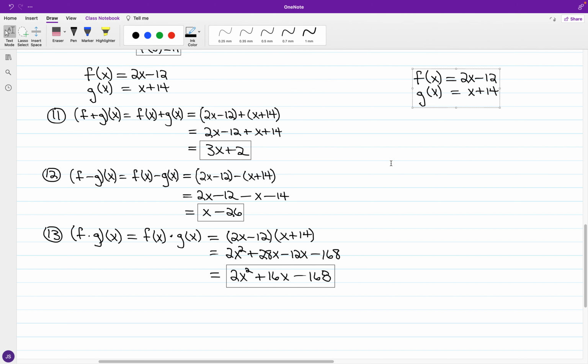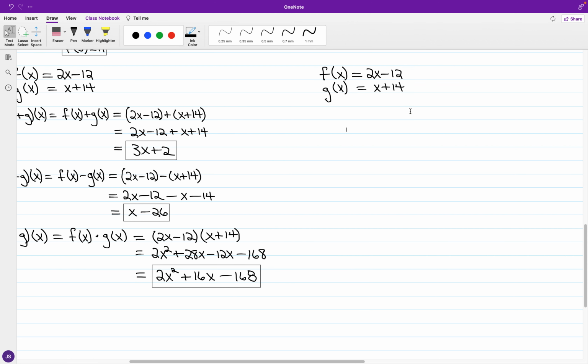For f of x, you have 2x minus 12, and for g of x, you have x plus 14. Guess what? You don't have any fraction or even root radical. So just for f of x, the domain is the set of all real numbers.